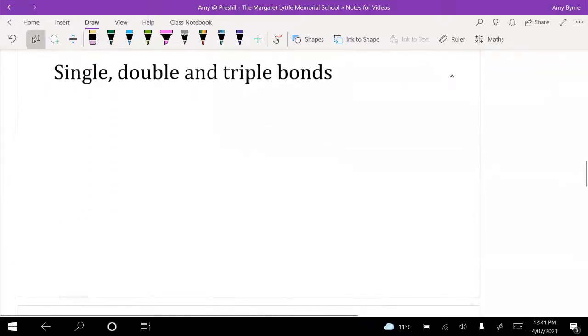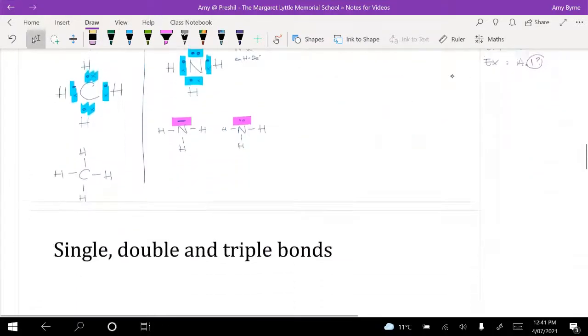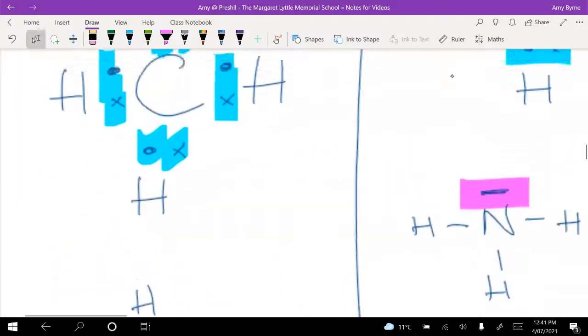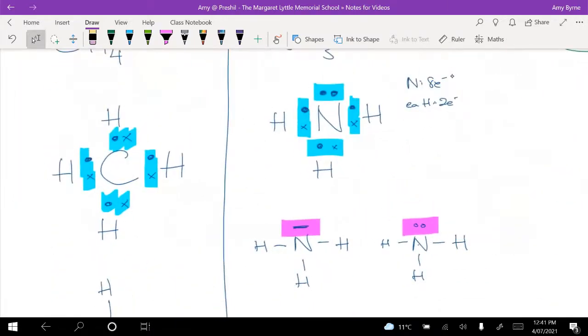Okay, so all of those bonds that I showed you here are where each atom is giving 1 electron. So this is 1 times carbon's electron and 1 times hydrogen's electron. This is 1 times nitrogen's electron and 1 times hydrogen's electron.